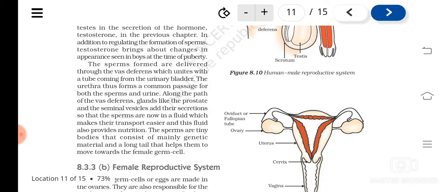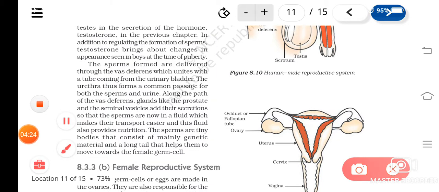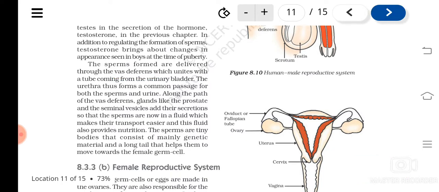By the vas deferens, which is just like a tube, and it unites with the tube coming from the urinary bladder, okay. Then the urethra is a common passage for both sperms and urine.